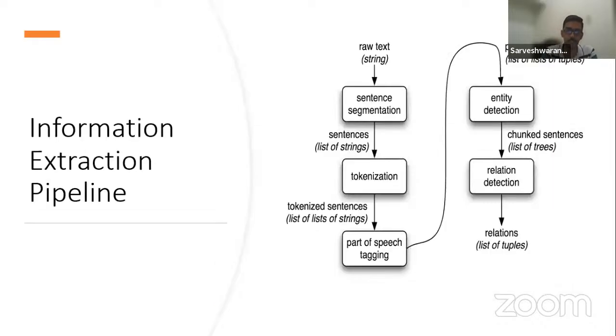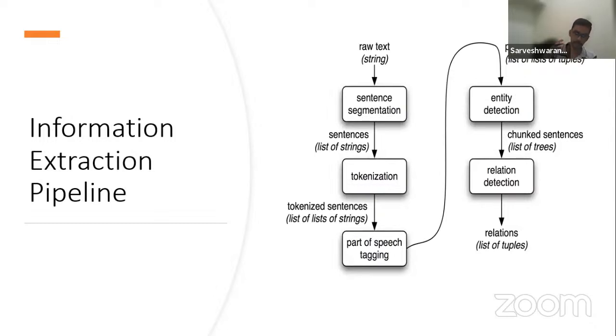How do you do the information extraction? I do it using this 5-step process. It's easier said than done. We first start with the raw text and do the sentence segmentation.